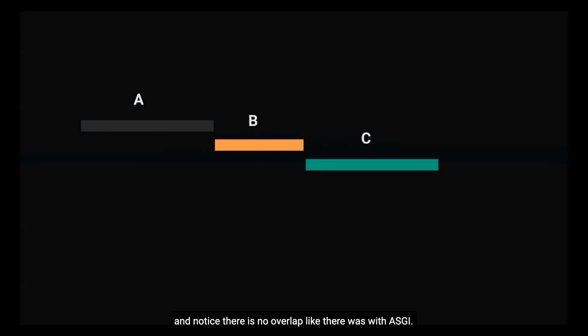And notice there is no overlap like there was with ASGI. You can think of this example kind of like a queue data structure, or like FIFO, first in, first out. You can also think of it like waiting in line at the movie theater, and you're at the end of the line and you have to wait for the other people in front of you to get their ticket.